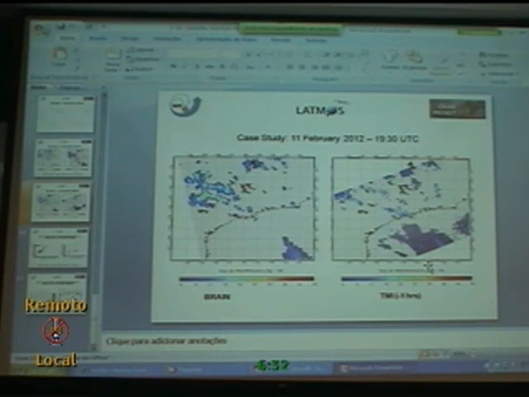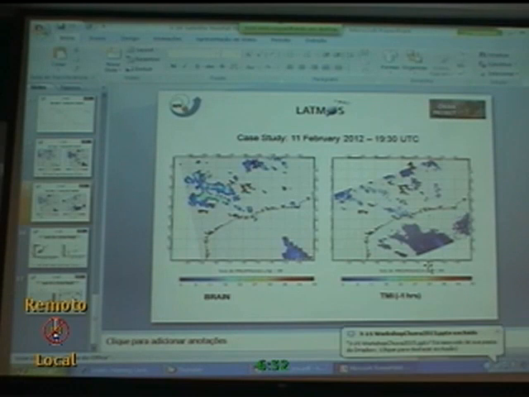Well, the point is, when you compare with gauges, you need to get some kind of accumulation. And when you are doing accumulation, you are putting many different things together, because you don't have just one satellite over the whole period. So you need to come up with some kind of merging technique. Sometimes those things are not the same.